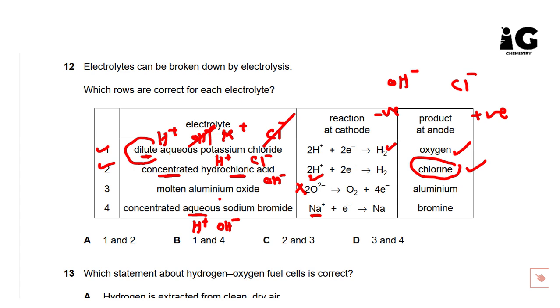As we did above, Na cannot be reduced at the cathode in the presence of hydrogen, so this is completely wrong, because hydrogen should be formed at the cathode, not sodium. So only 1 and 2 are correct, and the correct answer is A.